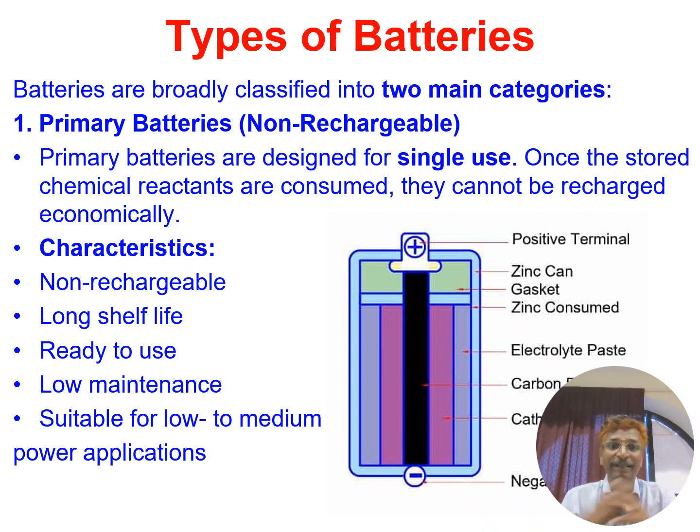Once the stored chemical reactants are consumed, they cannot be used again or recharged. In the slide, this is the positive terminal, this is the negative terminal, and this is the zinc, in which chemical energy is stored. It has a gasket. The characteristics of this battery are that it is non-rechargeable, has a long shelf life, is ready to use, needs very little maintenance, and is suitable for low to medium power applications.